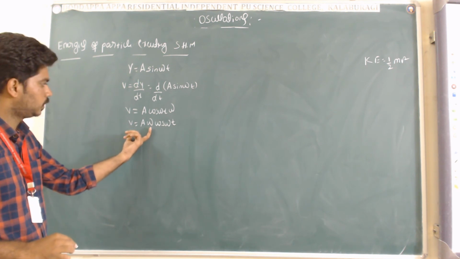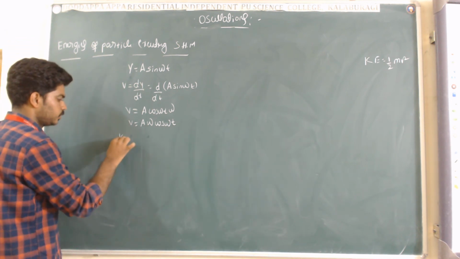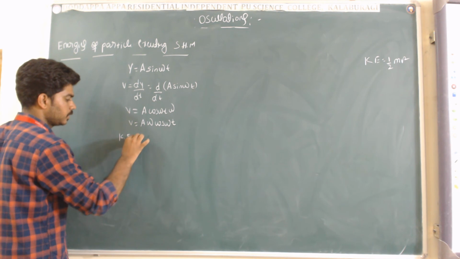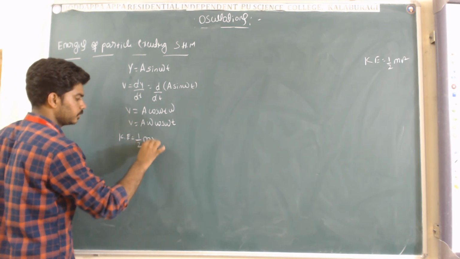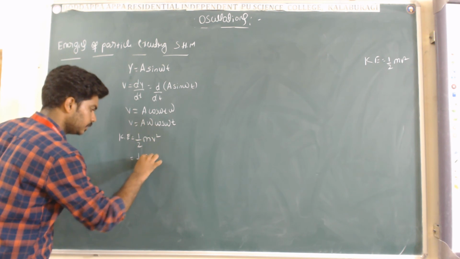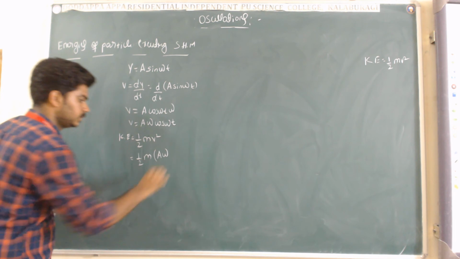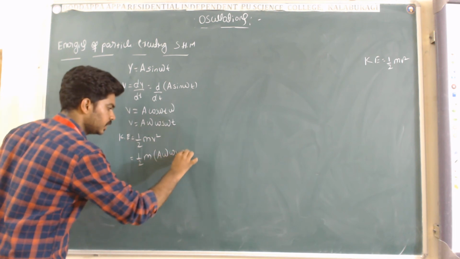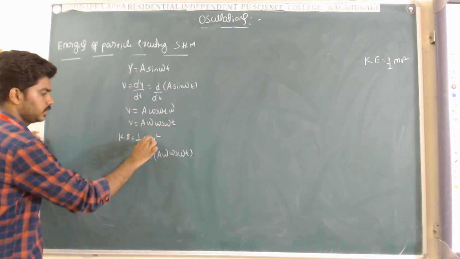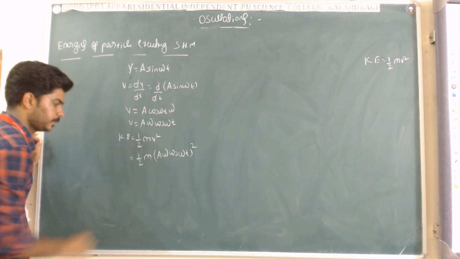So which quantity we need to have? That is kinetic energy. What is the formula for kinetic energy? Half m v square. Half m as it is, v square is a omega cos omega t whole square.